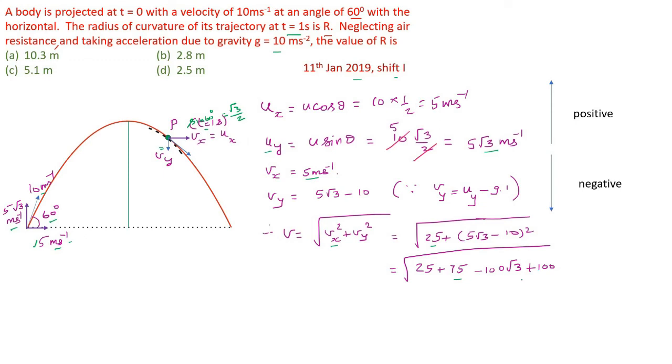Now you simplify: 25 plus 75 is 100, and 100 and 100 make 200. So root of 200 minus 100 root 3.